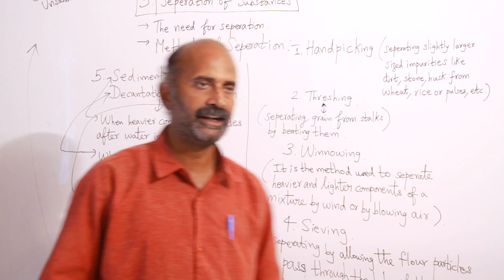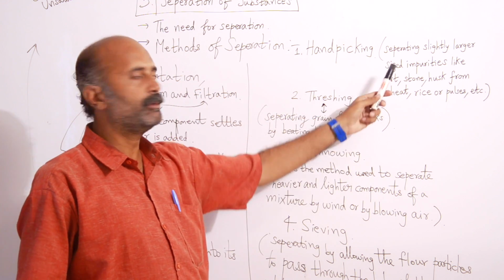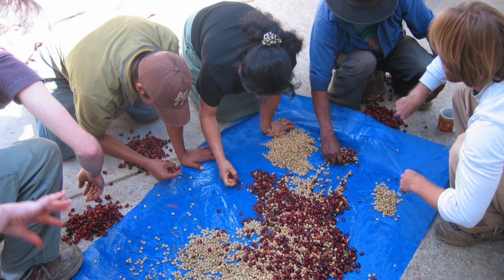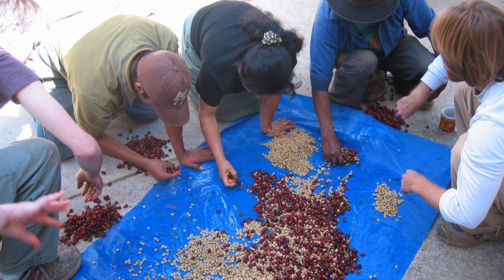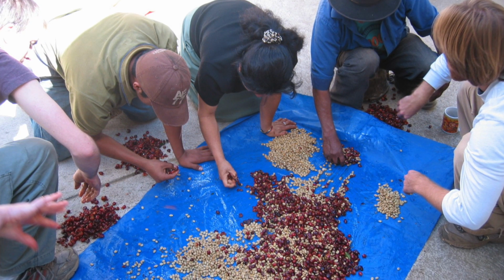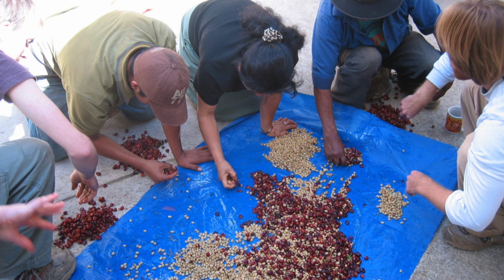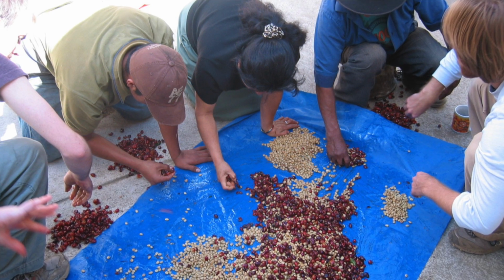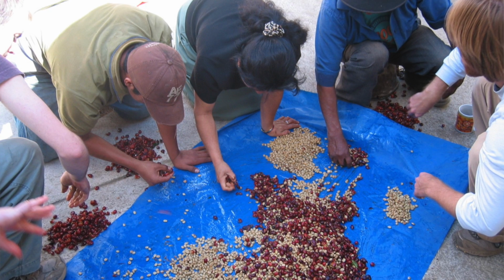So how will you separate it? Normally the laborers spread the whole grain wheat onto large sheets, and then a lot of workers pick the impurities with their hands. That's why it's known as hand picking.